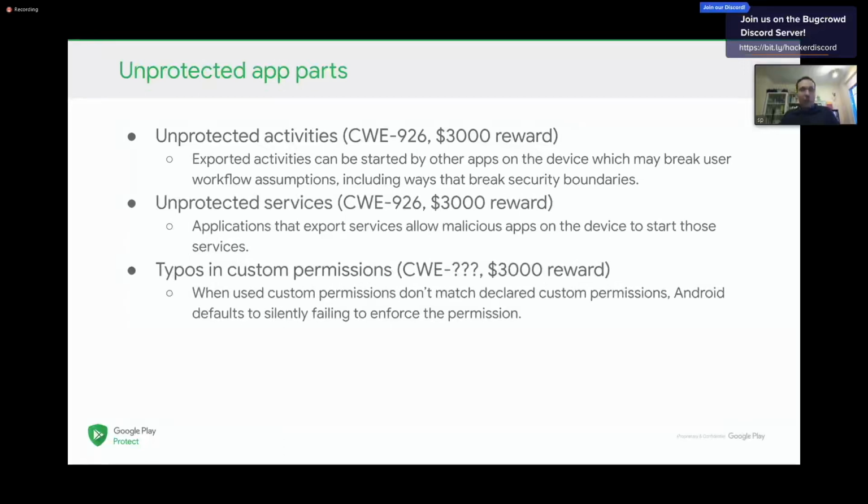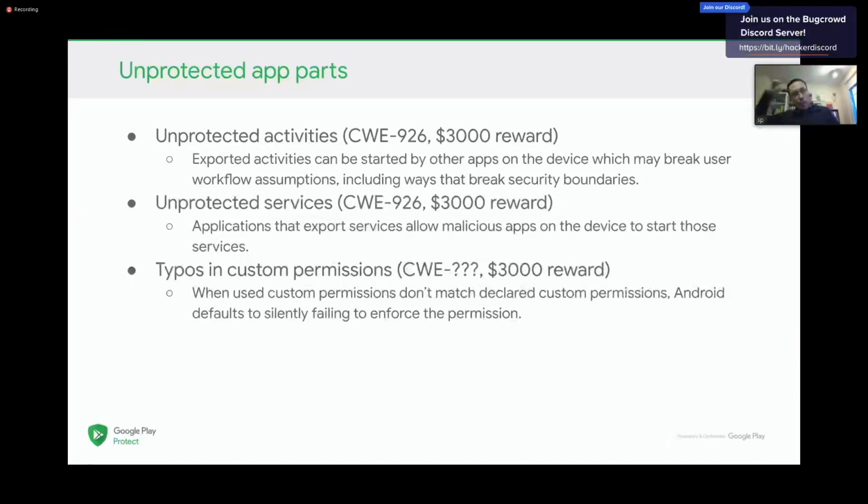The second one is unprotected services. A service is something like a background service. The idea is extremely similar to unprotected activities, just for services. Unprotected activities, we get a lot of security reports in the rewards program. Unprotected services, not so much.